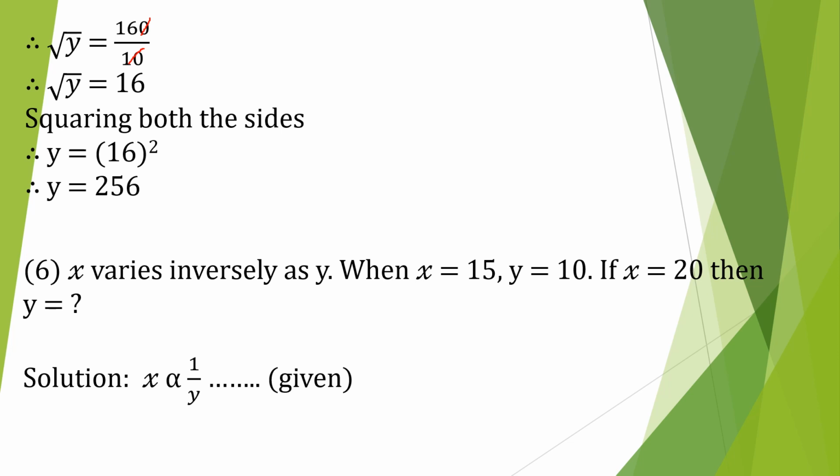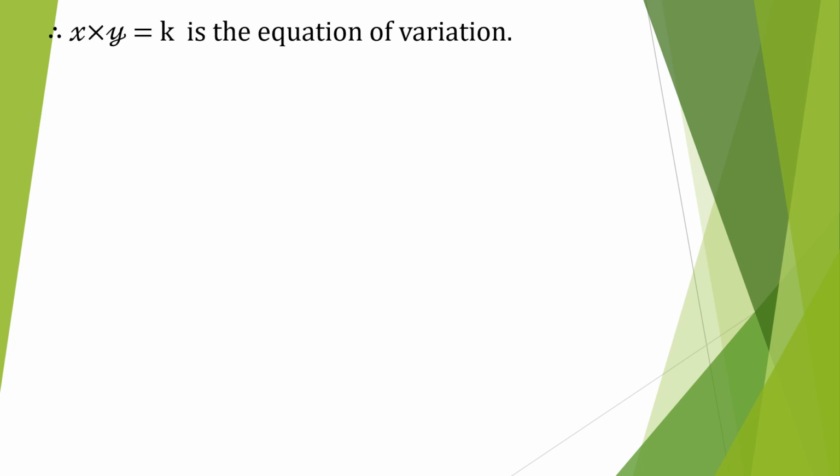Now let's write down in equation form, that is x equal to k into 1 upon y, where k is a constant. So therefore, x into y equal to k is the equation of variation. Now first, which is given, value of x and y, we'll use that and find out the value of k, that is constant value. So when x equal to 15, y is equal to 10.